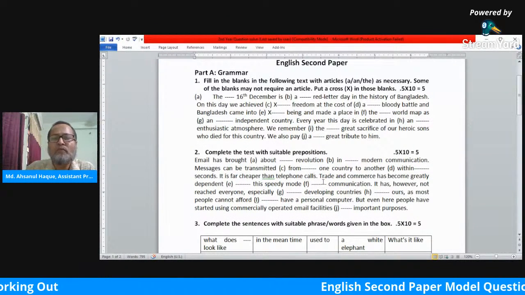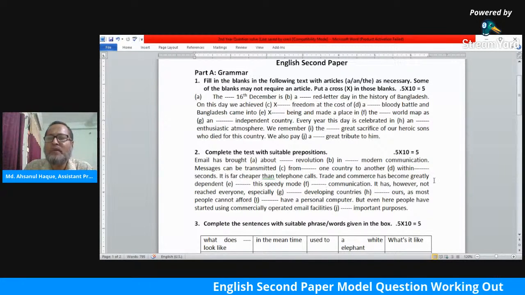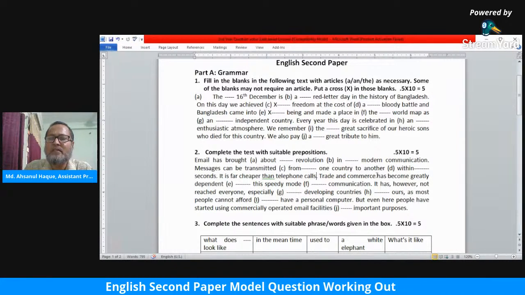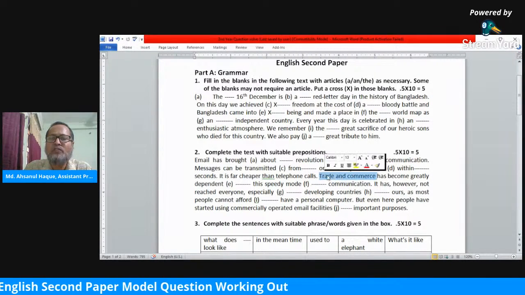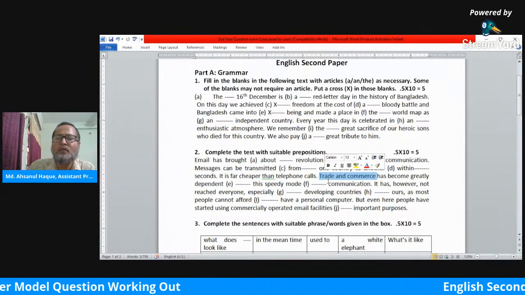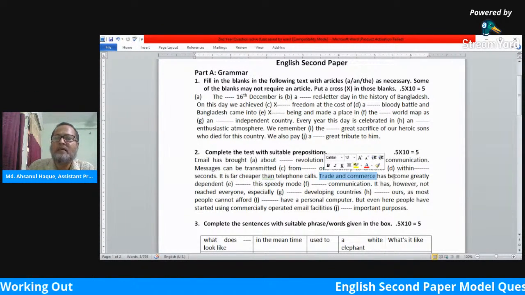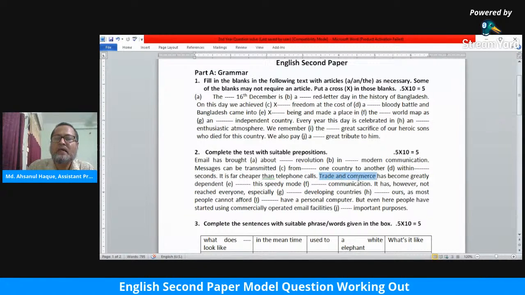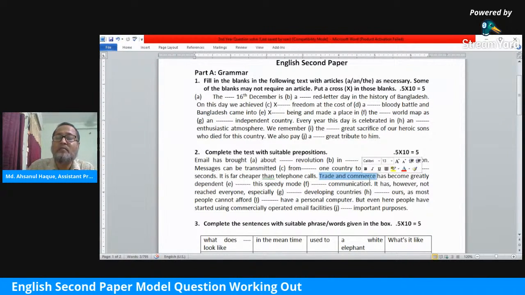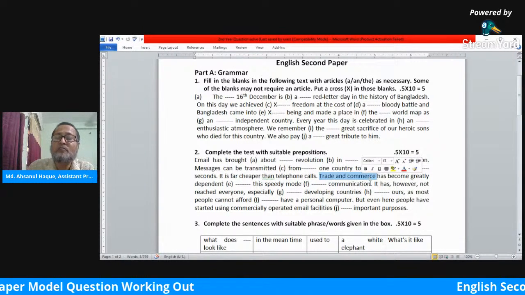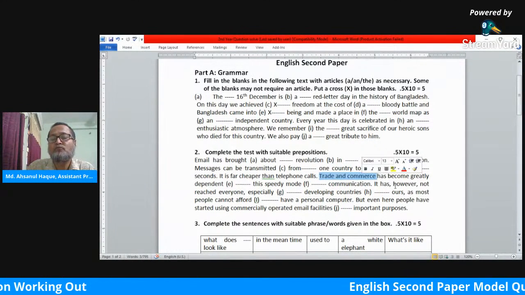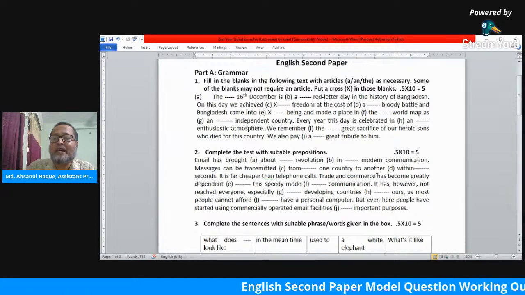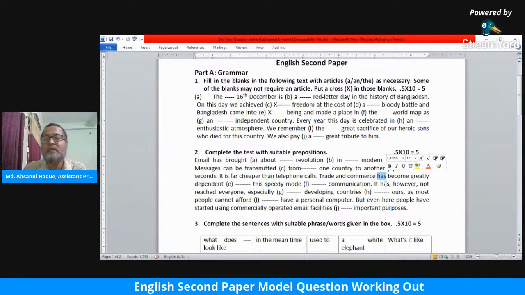Trade and commerce has become. Though there are two nouns, the meaning is the same. That is why there is 'has', not 'have'. It is a compound subject, but trade and commerce actually means the same thing. Try to get the point.